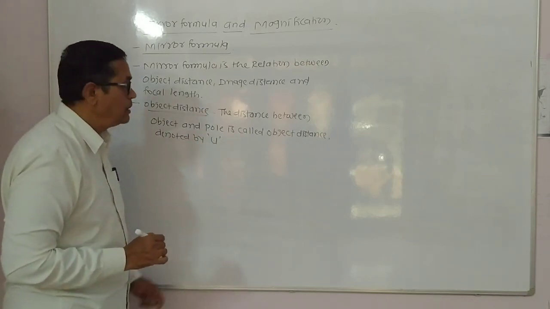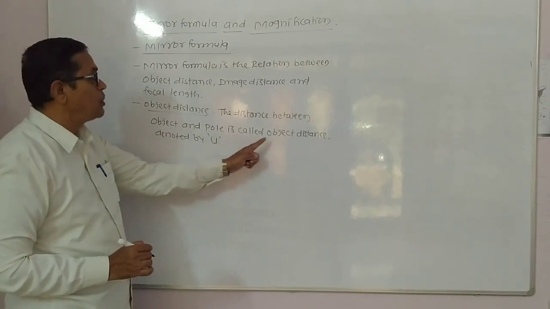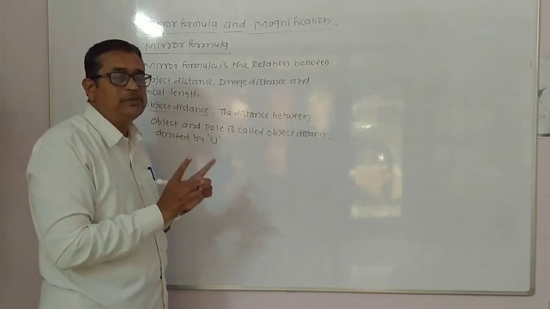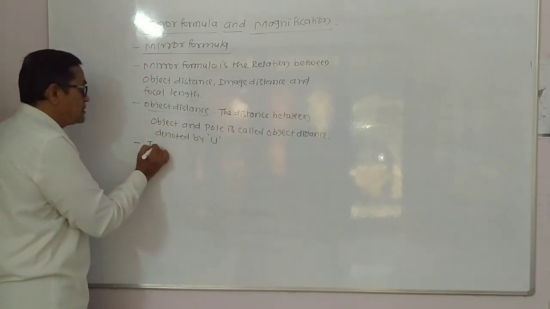Look here carefully. The distance between object and pole is called object distance, and it is denoted by small u. Then image distance.